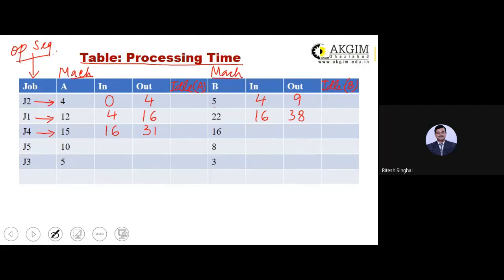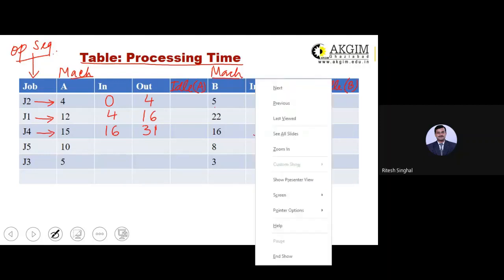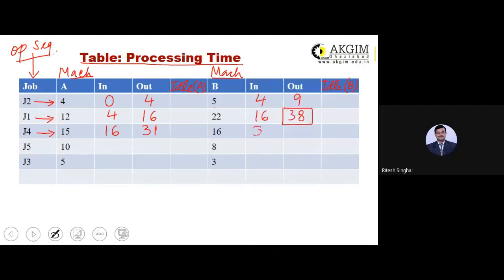Now this job is to be entered into machine B. But see carefully, since machine B is not free, machine B is engaged in the previous job. So this job J4 has to wait outside, and it is only to be entered into the machine whenever your clock is showing 38th hour.